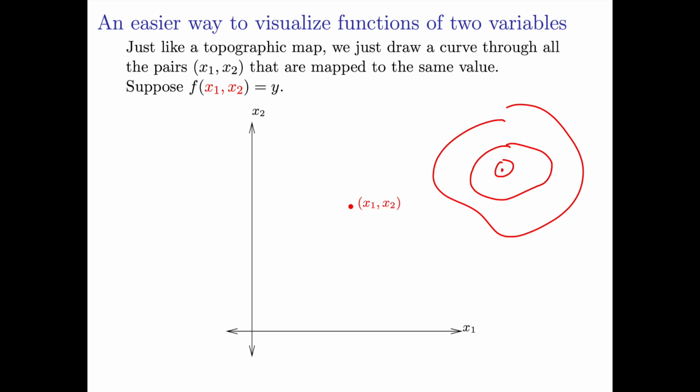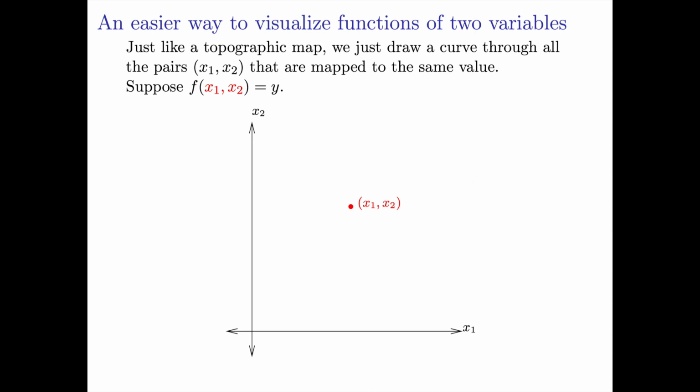It gives you the height here, the height of the ground here, the altitude of the ground here, and so forth. You pick a point, and then you draw a curve through all the other points that are at the same altitude. We could do the same thing for a graph. Pick a point x1, x2, and draw a curve through all the other points that map to the same value y. So for instance, this point x1 prime, x2 prime might map to the same value as x1, x2.